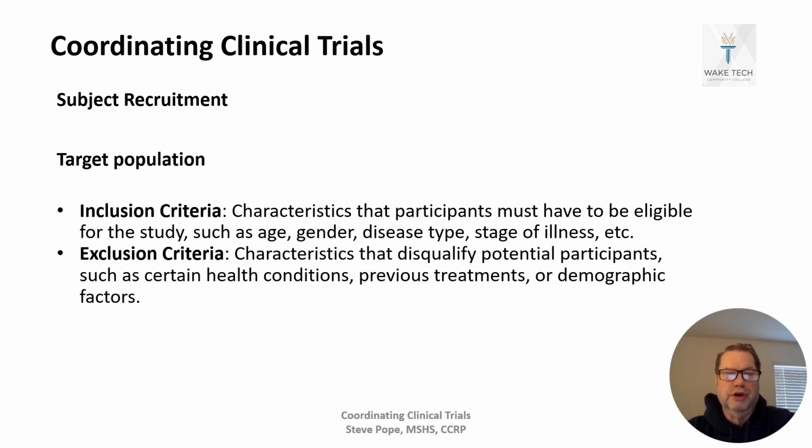So having a good understanding of these is going to be key to your recruitment strategy. These are going to be detailed in your clinical trial protocol. There's going to be a section there that details each of these inclusion and exclusion criteria, so you'll have a good understanding of what they are.